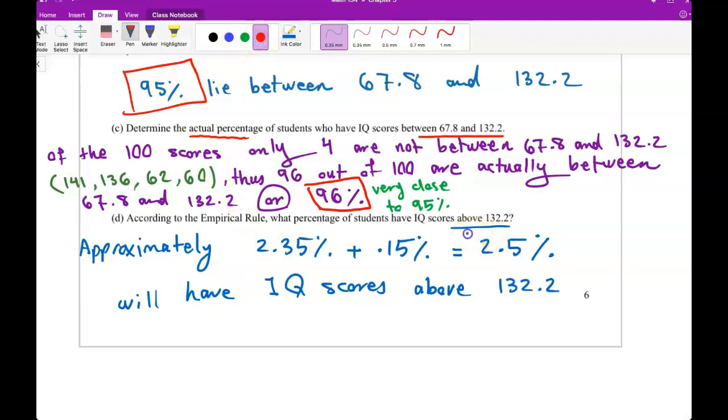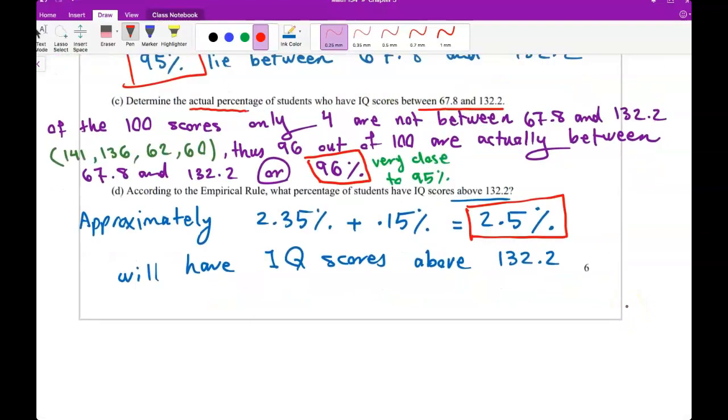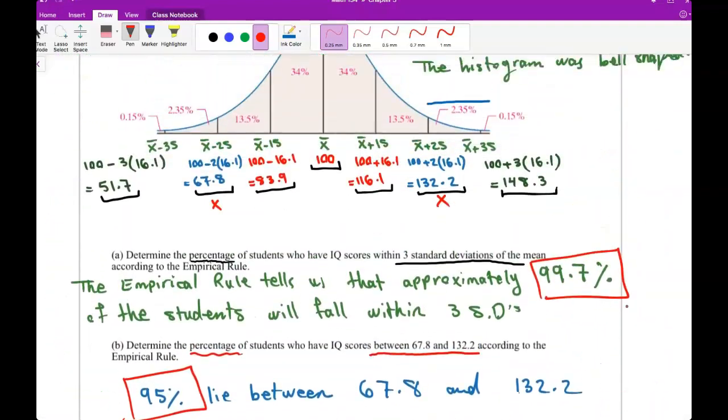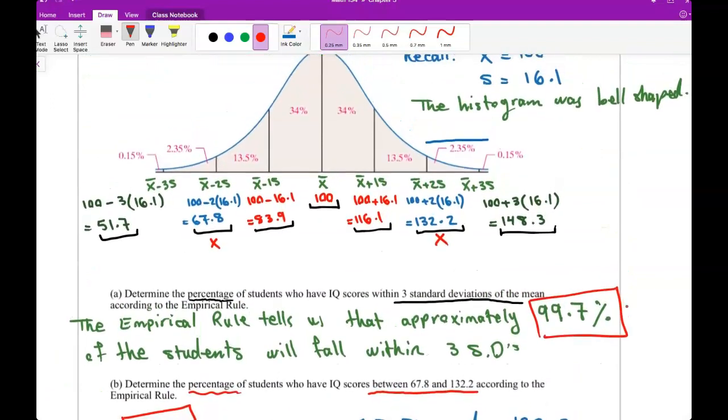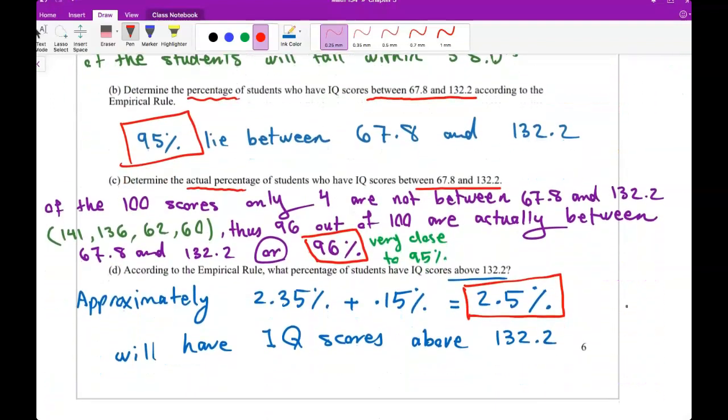The answer for this part is 2.5%. Okay, we finished this part.